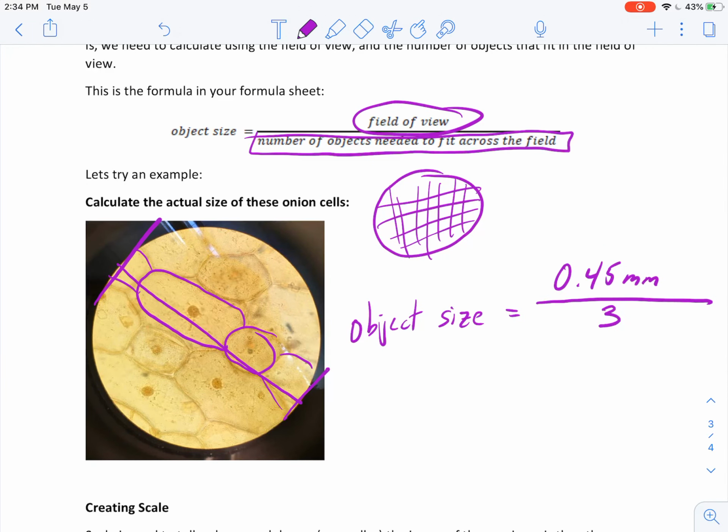And this isn't the object size, this is the object width. And my object width then is 0.45 divided by 3, 0.15 millimeters. Which, if this was a real example, would tell me that my onion cell is 0.15 millimeters wide.